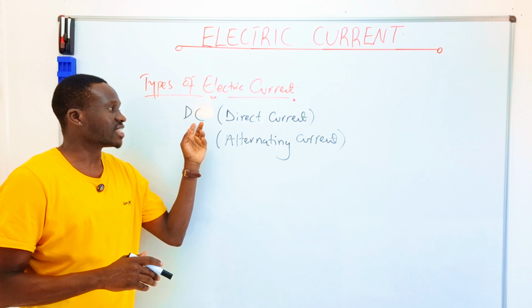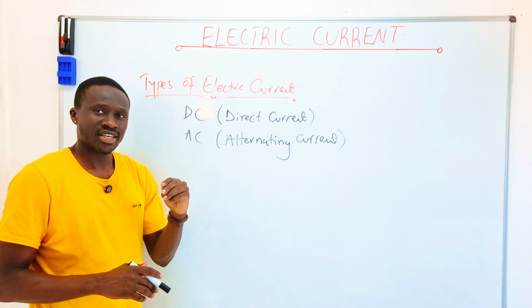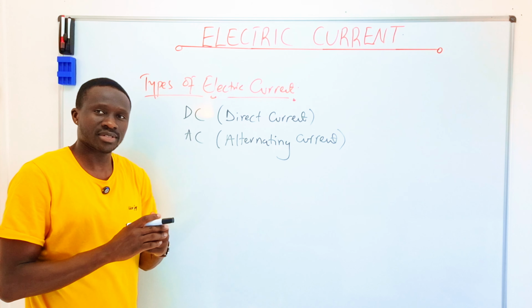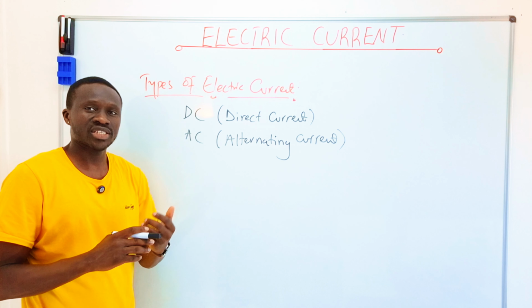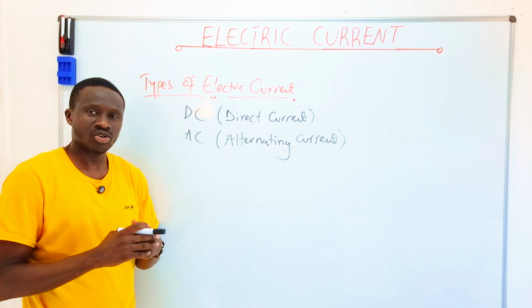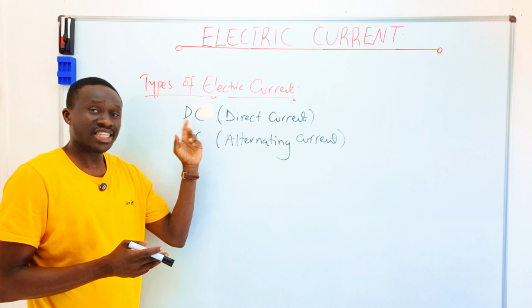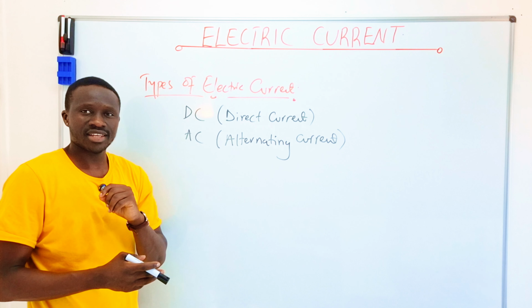This direct current is also produced by solar panels. Solar panels, batteries and power banks all produce DC power.